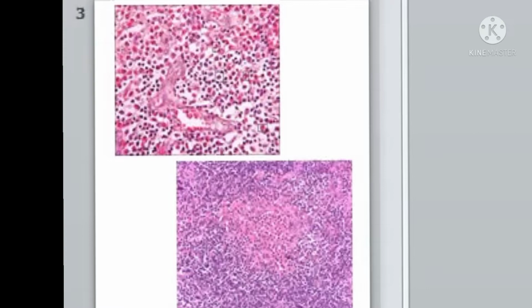What did Meenakshi teach you? Particularly, she told about one condition in the morning. We teach to UGs also. Lytic lesions in the bone, eosinophils, then diabetes insipidus. 1, 2, 3, right?